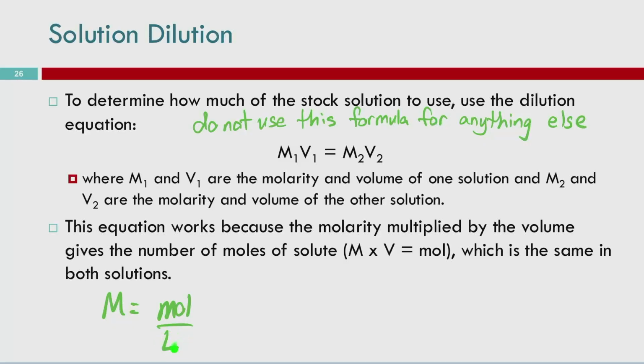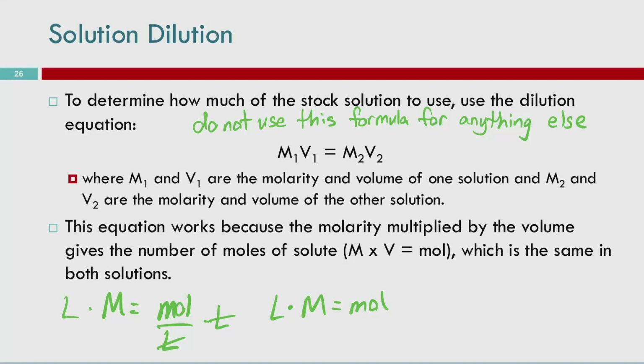So if we multiply L and M, let's rearrange this. Liters times molarity equals moles. And if we are simply diluting our solution, M1 times V1 tells us the amount of moles that we have. We should have the same amount of moles when we're done diluting it, because we didn't take anything out, we just added more liquid in.